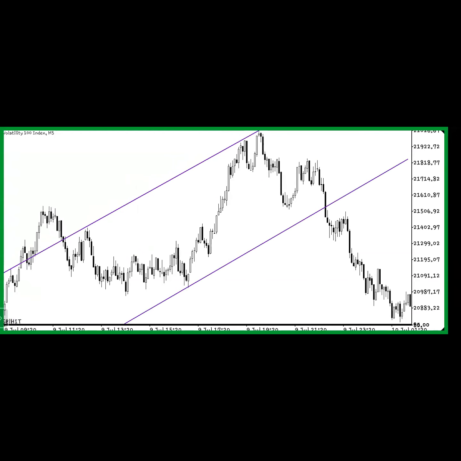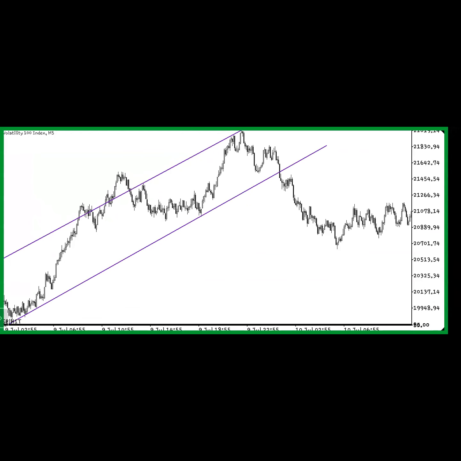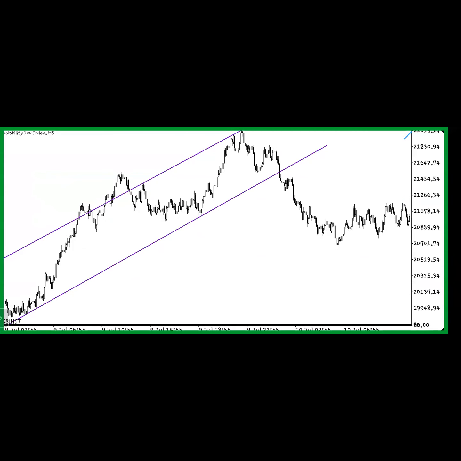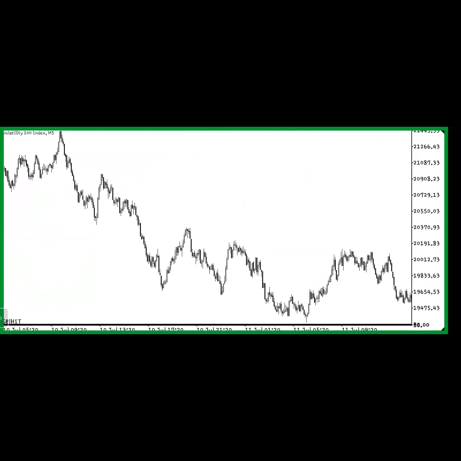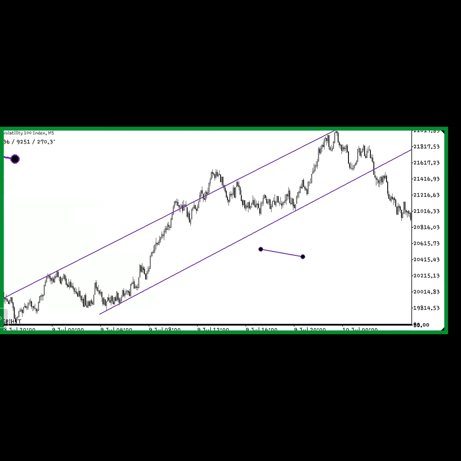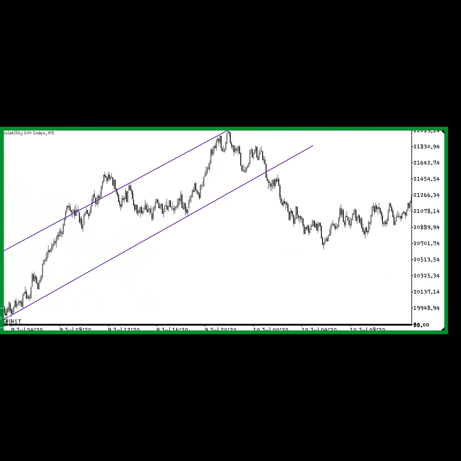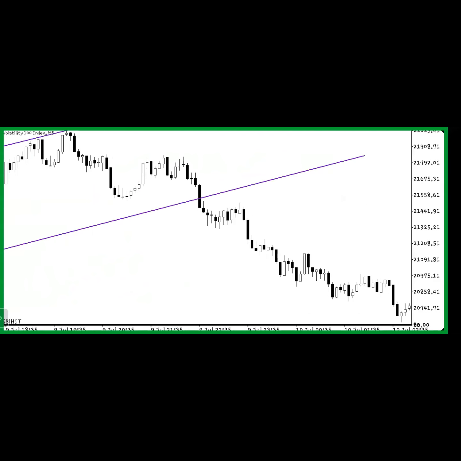So let me see if we are going to have an entry here. On this one, we are going to wait for another continuous pattern, another small pattern here.